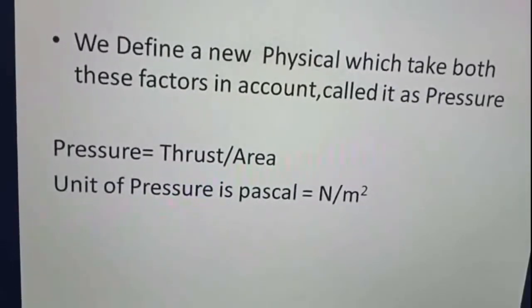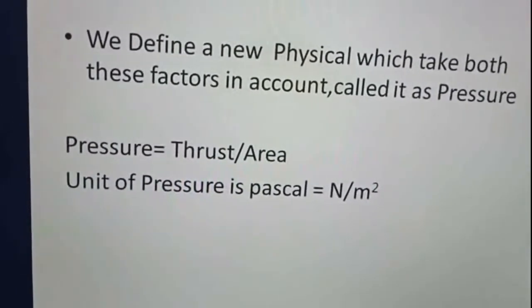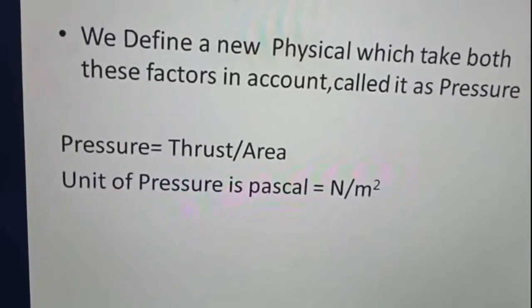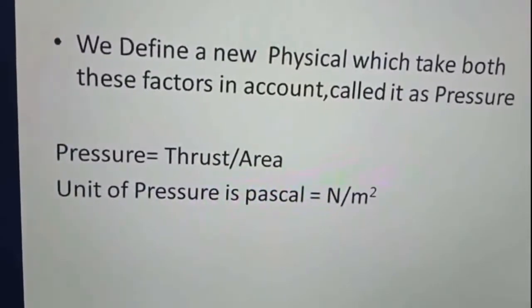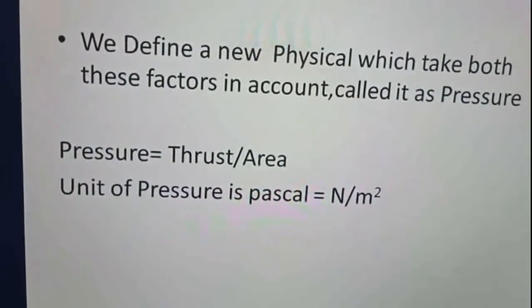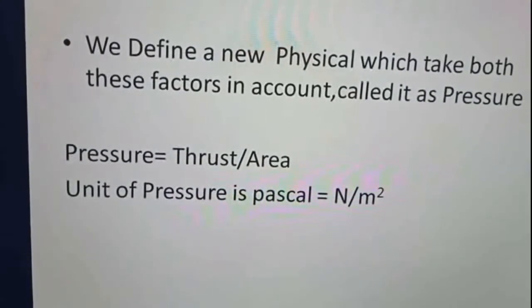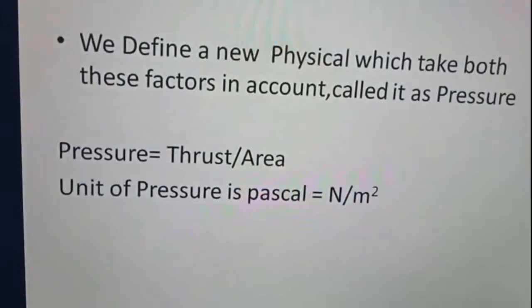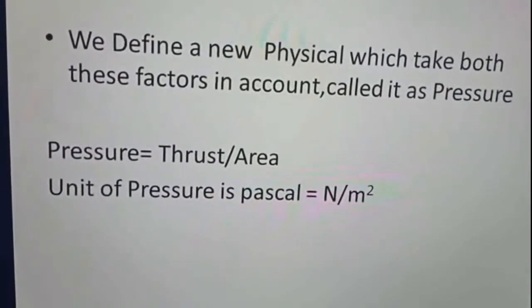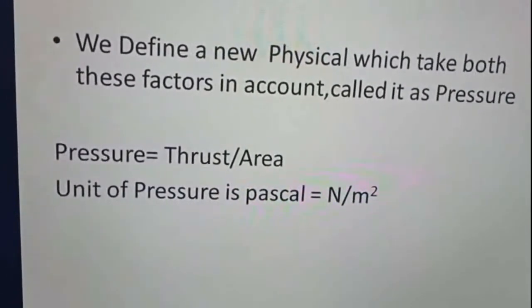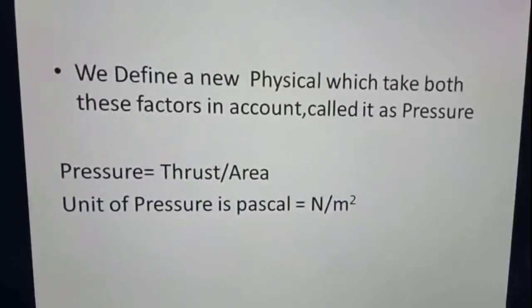We call it pressure. Pressure is defined as the thrust per unit area on which it acts. The unit of pressure is Pascal. 1 Pascal is equal to 1 Newton per meter square.